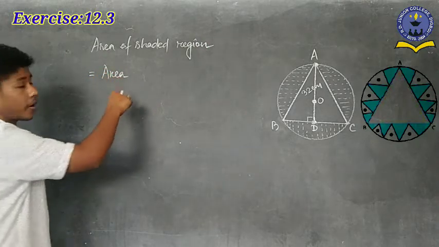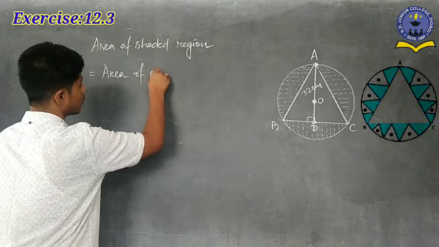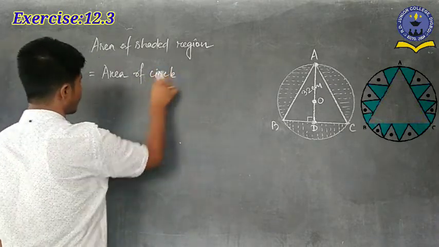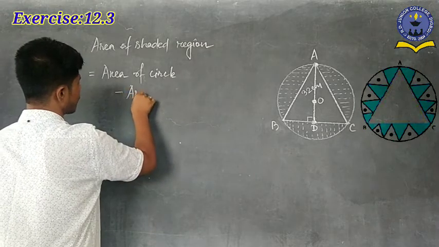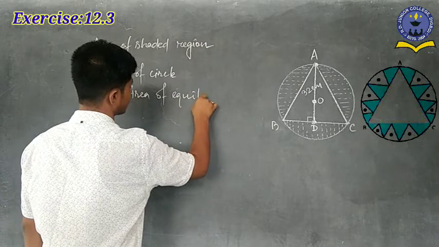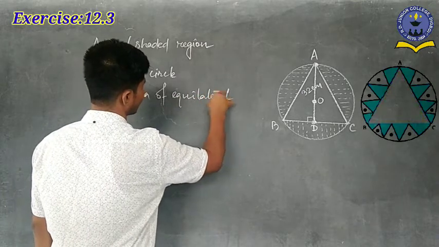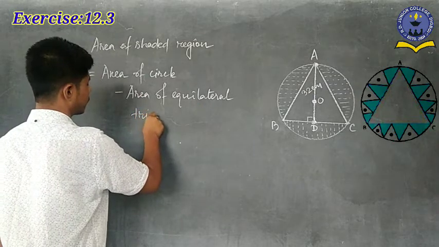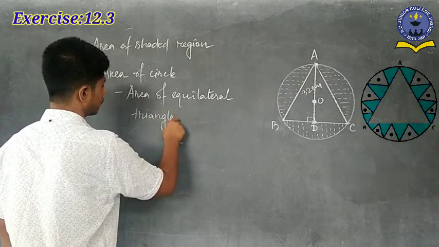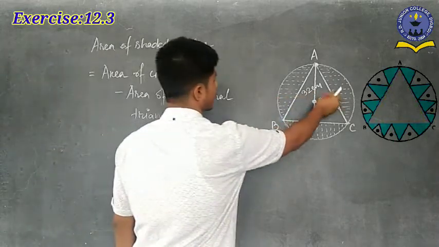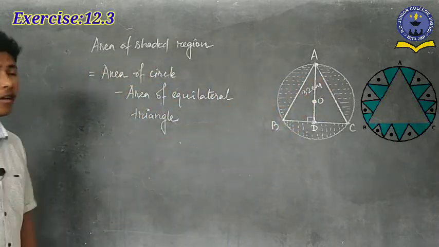So that's why we have to write here area of circle minus area of equilateral triangle. Area of shaded region, that means we have to find out this shaded region. So what you have to do? Area of circle minus area of equilateral triangle.